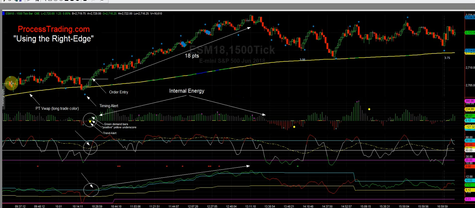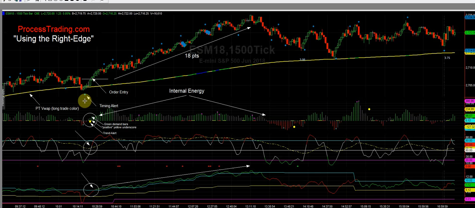Well, here we see the opening of the trading day, and here's the price bars for it. We know the ProcessTrading.com system uses the Process Trading VWAP here, and when the Process Trading VWAP is yellow, we can take a trade to the long side with any timing alert that is shown below the price bars, such as this one right here.